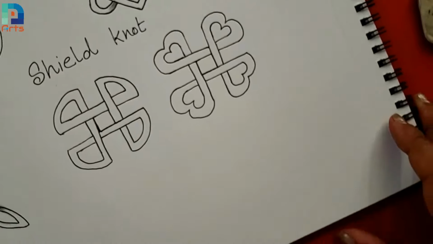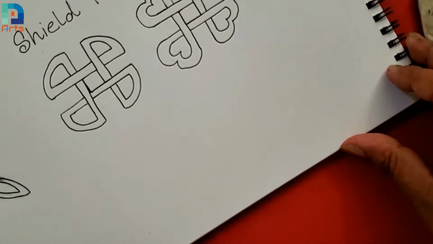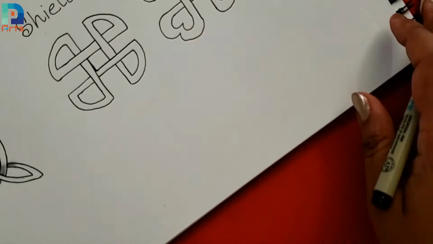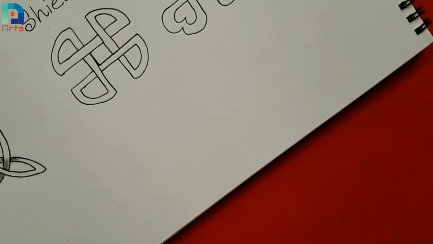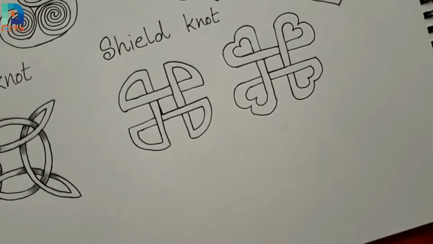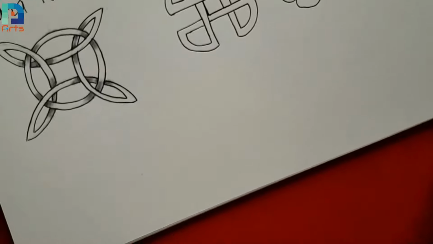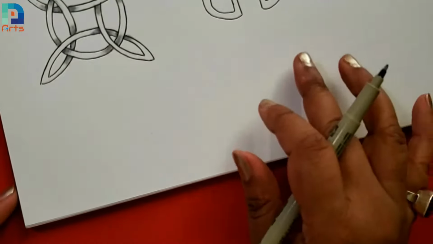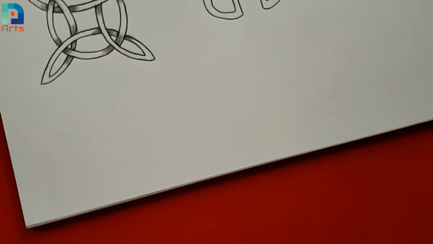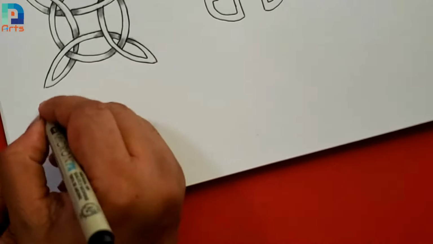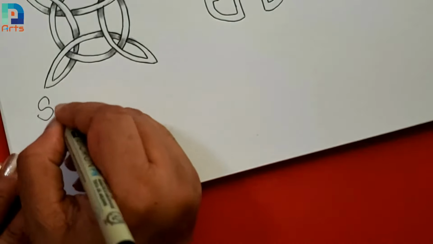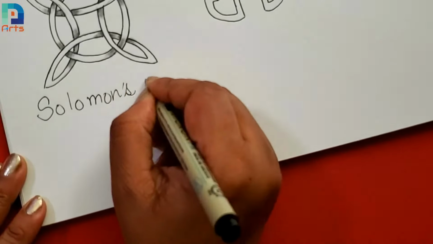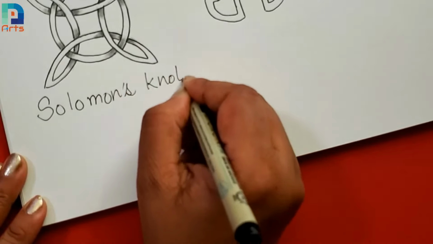And now let's start drawing the next symbol. So the next symbol is Solomon's knot.